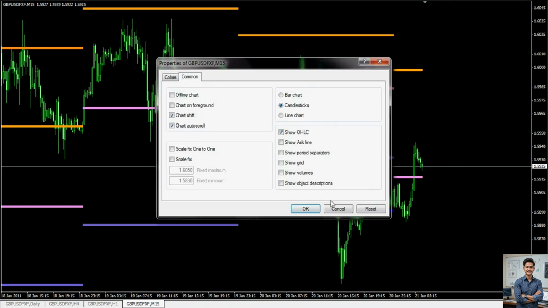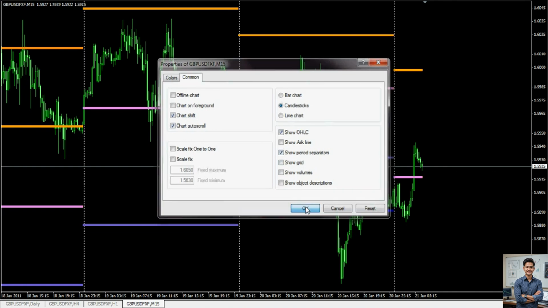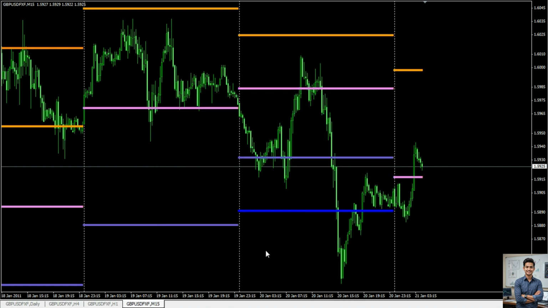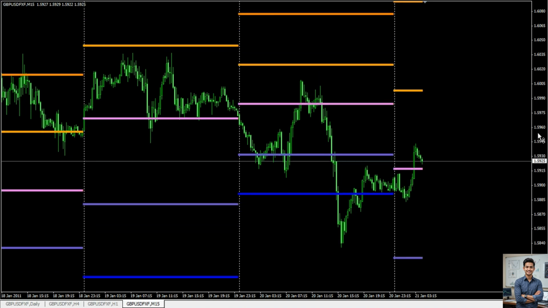Okay, we are going to delineate the days. Okay, so now what we have, these are pivots for today. It's the central pivot. Okay, this is R1, and here is S1.